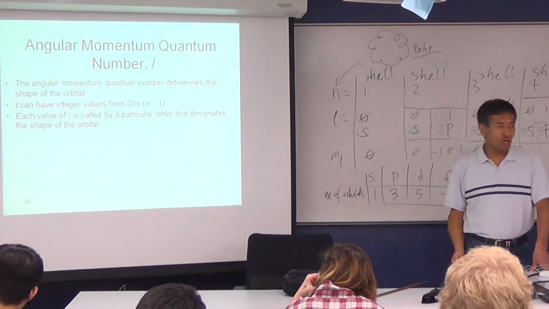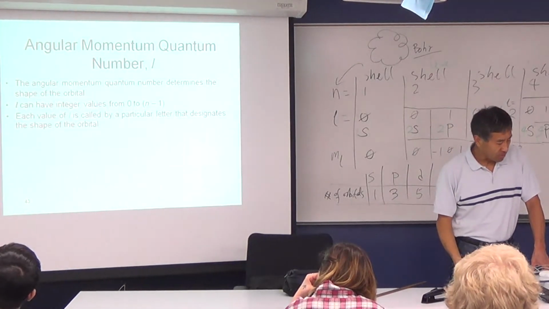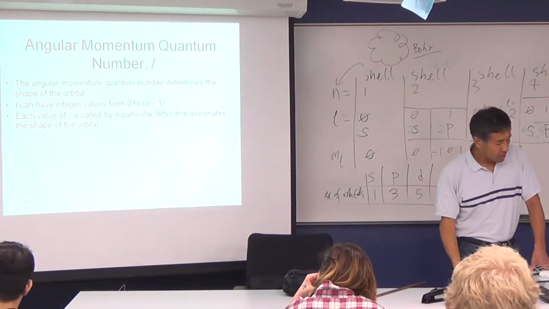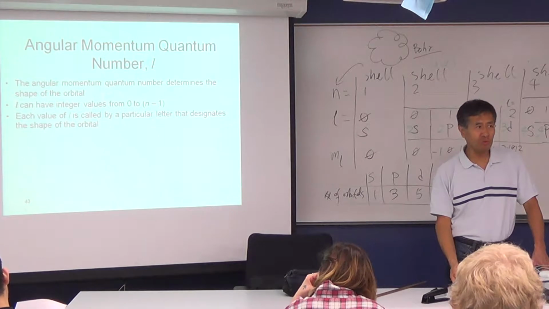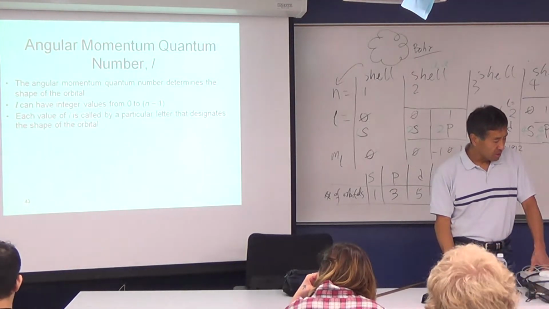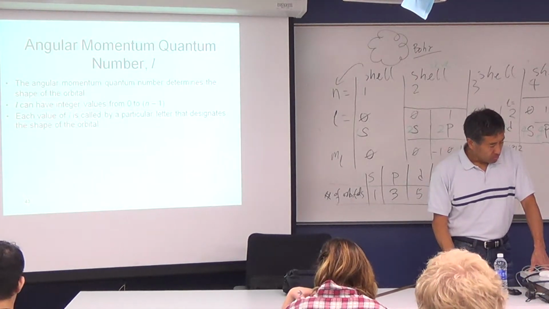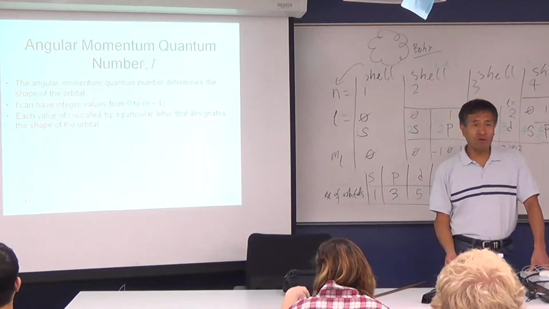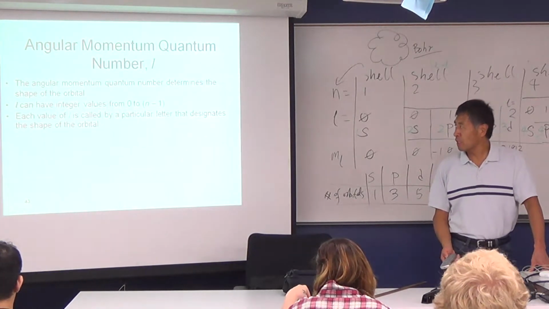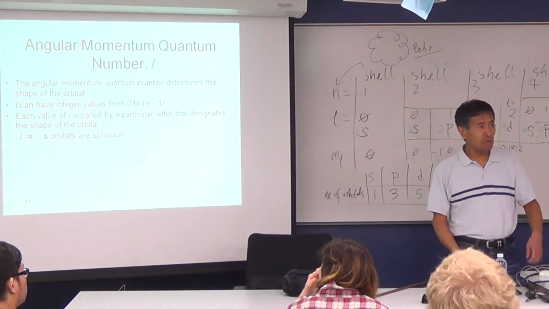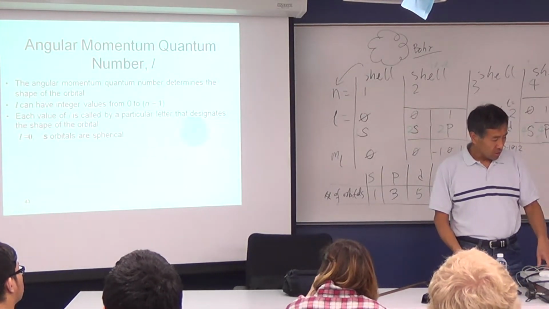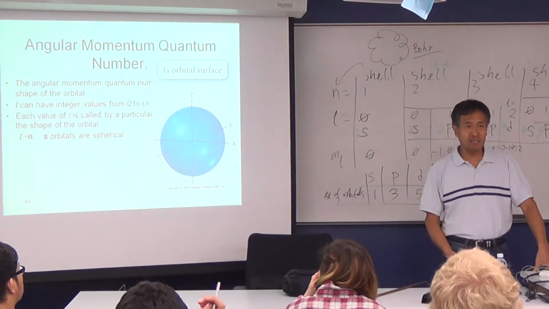So we talk about this quantum number l. You all know what values you can have. You can only have from 0 to n minus 1. And you also know for each number of l there is a particular letter. So l equals 0 is s.